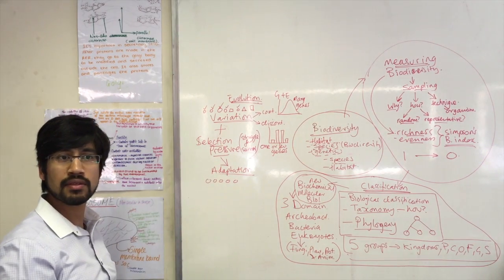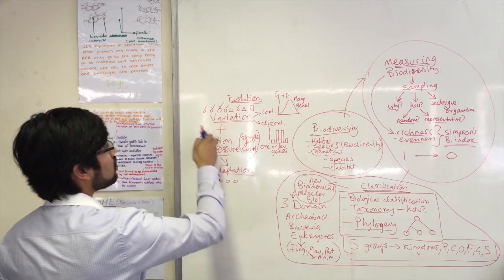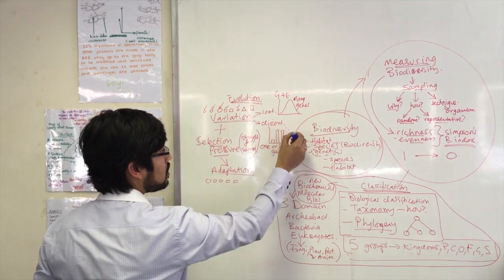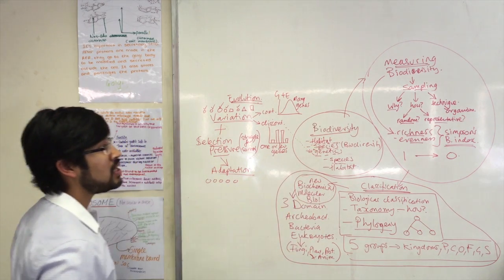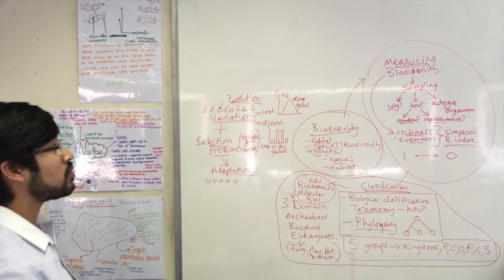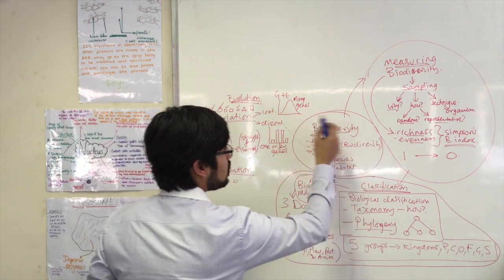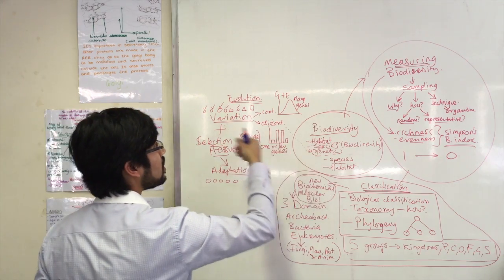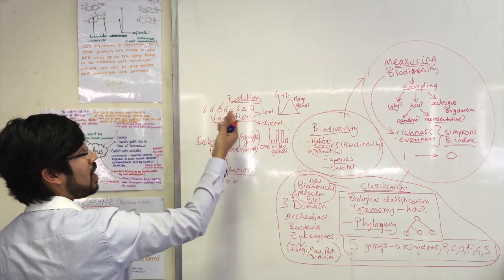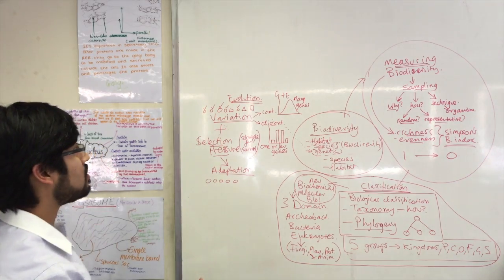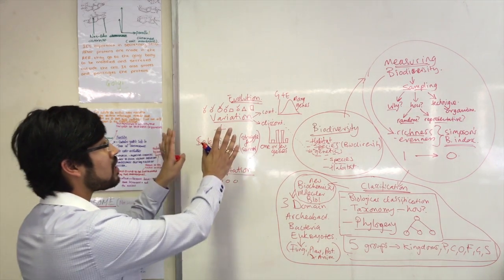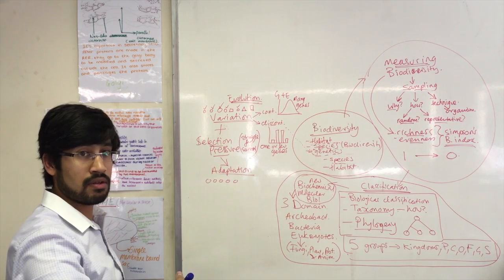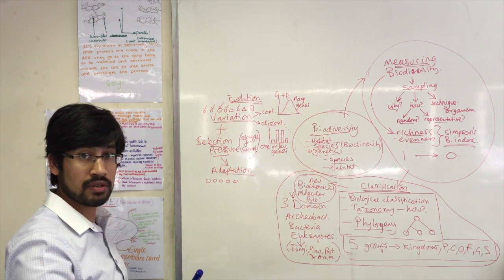Making sense? Okay, so variation, continuous and discontinuous, is linked ultimately to this idea of genetic biodiversity. All right, so don't be surprised if biodiversity is linked to evolution in any question, because ultimately, the more biodiversity that you have, the more variations you have within populations, within habitats, the more likely that that population can survive a selection pressure.